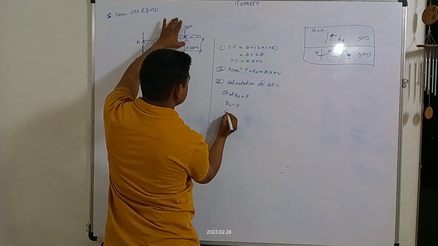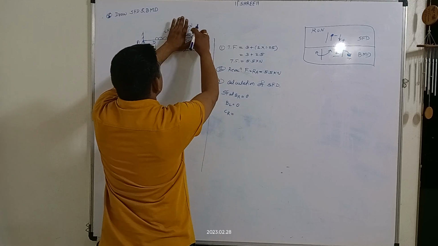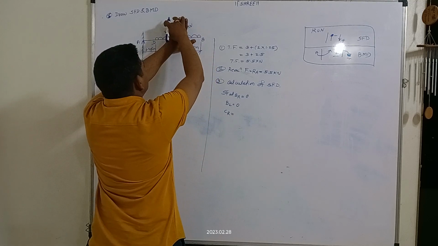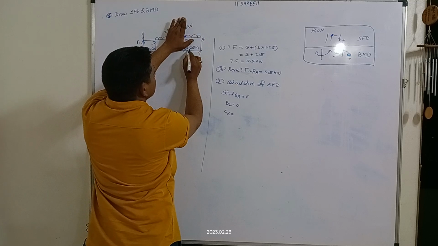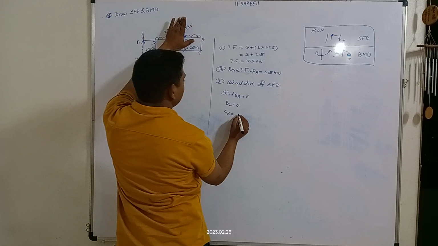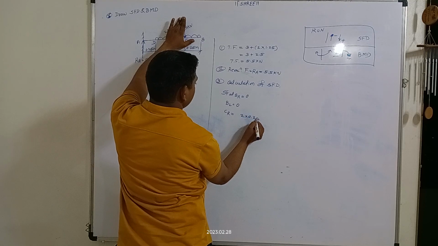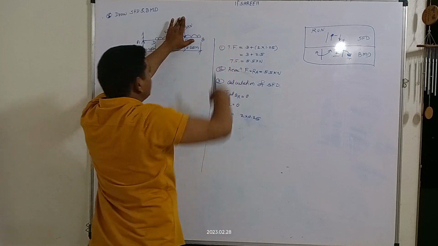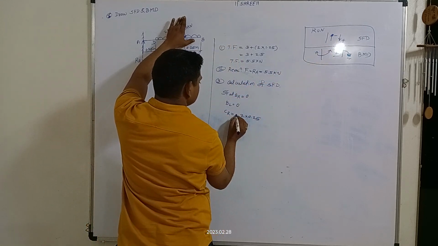Shear force at C right: here a 2 kilonewton per meter UDL is acting over a distance of 0.25. We take 2 into 0.25. It is acting downward, therefore the sign convention is positive.